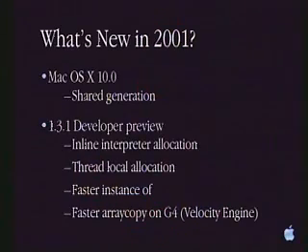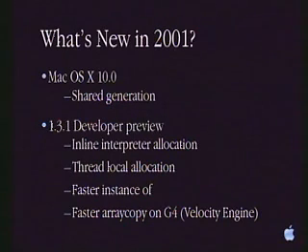Before I hand over this talk to Jim, I wanted to tell you what's new in 2001. We shipped macOS 10. It has a shared generation. That is one of the big improvements we did to the Java virtual machine we get from Sun. In the 1.3.1 developer preview we're working on, we did inline interpreter allocation. This was not in macOS 10.